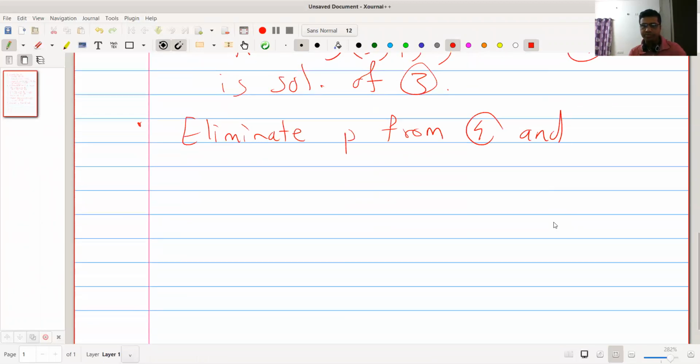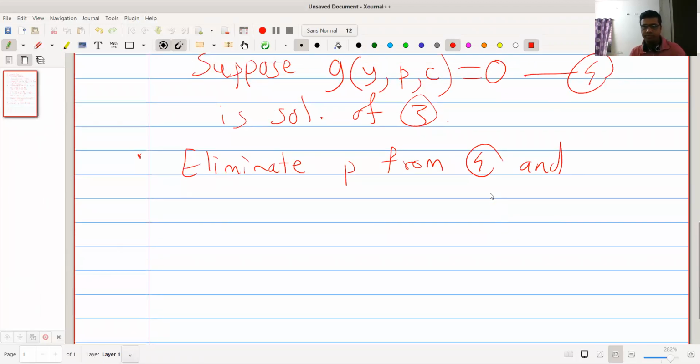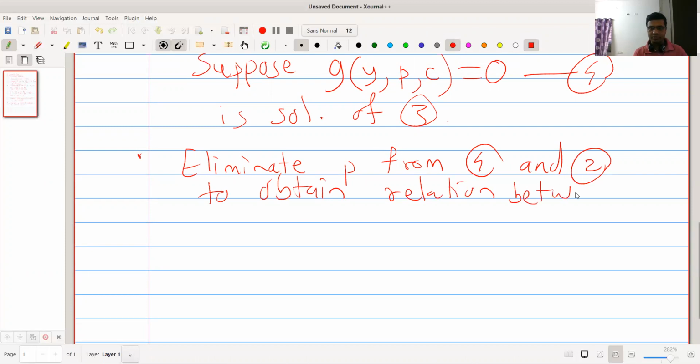Eliminating p from 4 and 2, we get a relation between x, y and arbitrary constant c, and which is required solution.